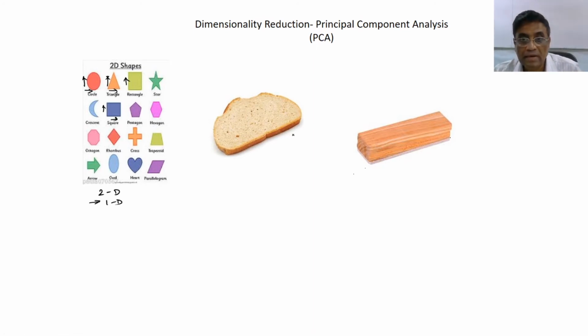And that is exactly what principal component analysis tries to do. So here, for example, if I consider this is my x direction, this is my y direction, this is my z direction. Okay, i, j, k are my unit vectors.